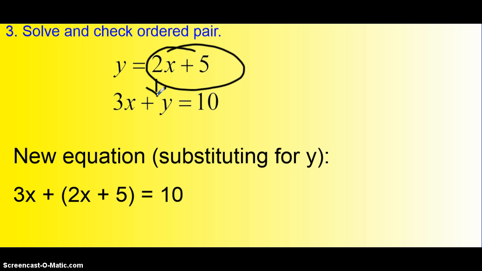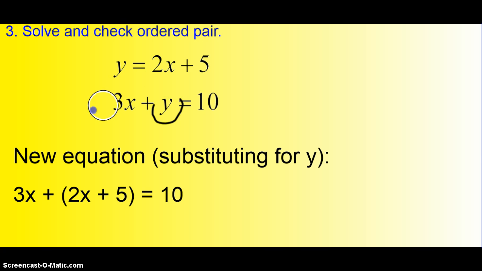The reason you can do this is because this says y is equal to that. So you've got these two equations, and you can say, okay, I've got y is equal to 2 times x plus 5. So where this y is located, I can substitute in 2x plus 5.